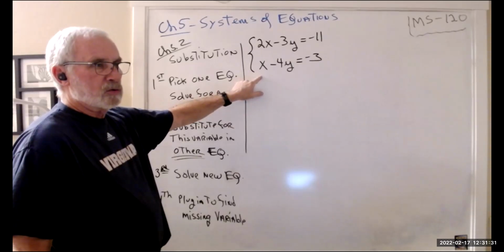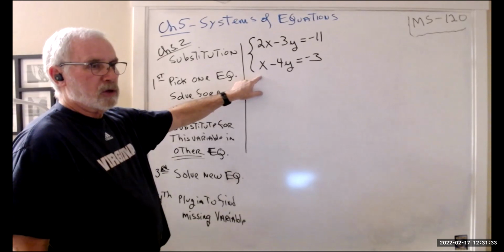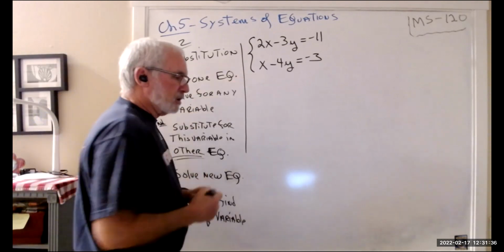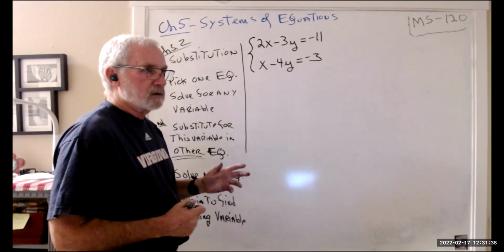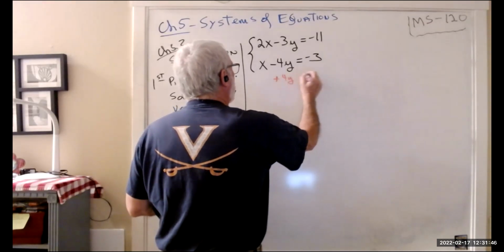I think it's easiest to get x in the second equation alone. Okay, so I'm going to take this. You guys agree with that or not? Yes. So I'm going to take the second equation, add 4y to both sides.